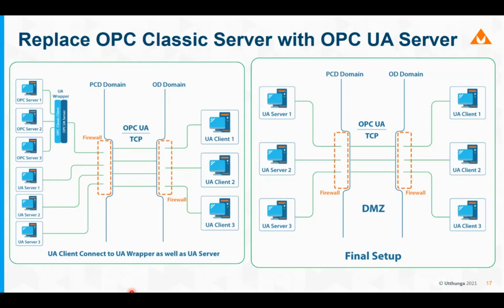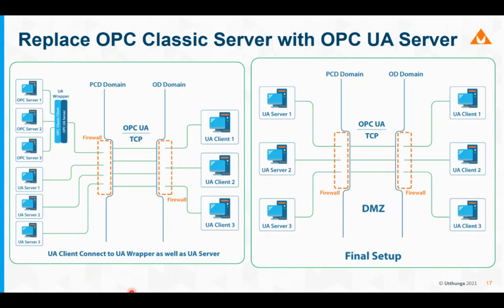Are you having any connection drops? Does the machine have any issues? I mean, is the OPC server stable? Are there crashes and all that? And you do this activity for the next couple of weeks. Once you do this for the next couple of weeks and you know that, hey, looks like my UA servers are running just fine, you can take out the OPC Classic servers.